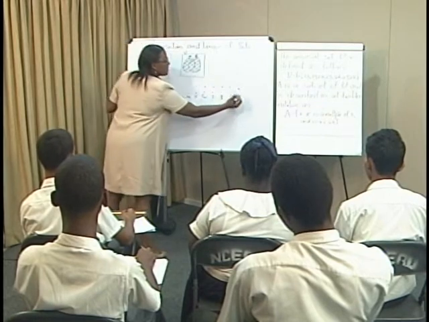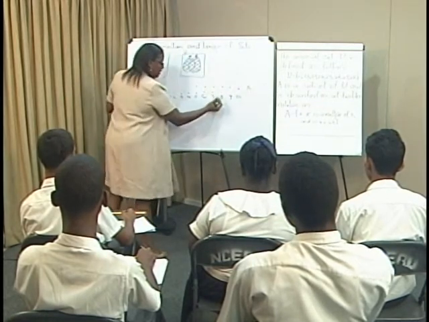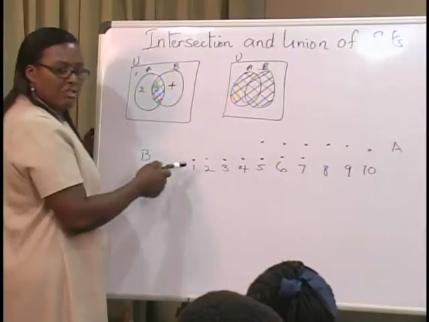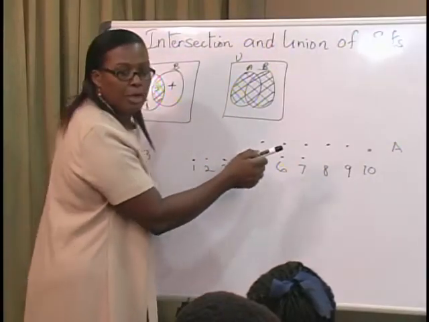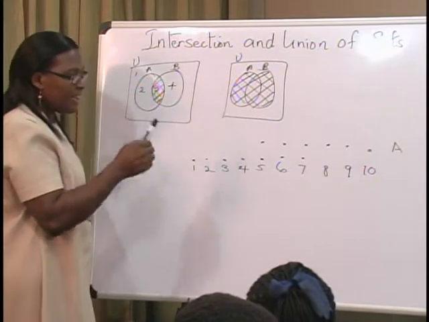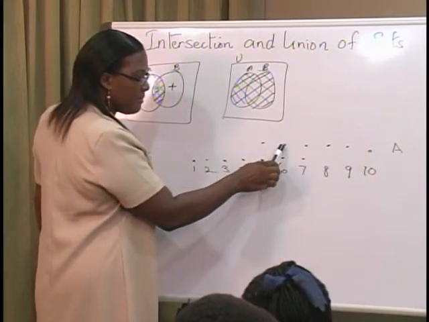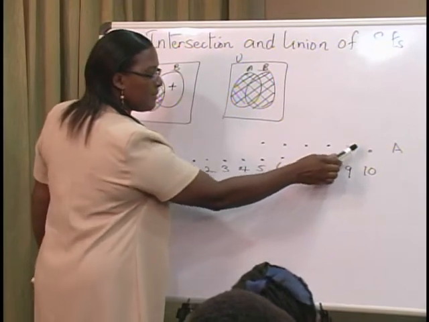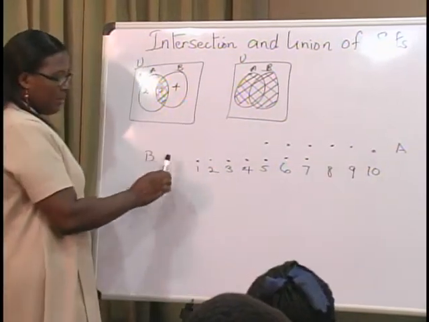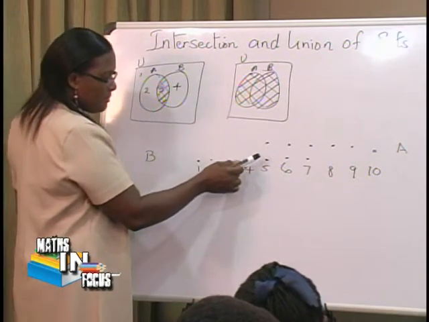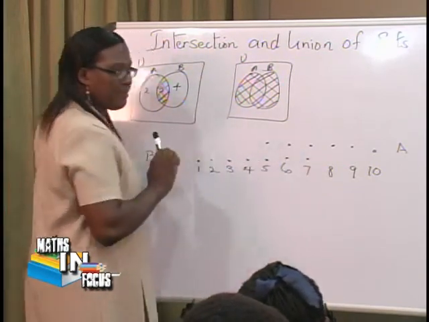Upper set of numbers, the set A, and our lower set, the set B. Now each dot is represented by any one of these whole numbers. So in the set A, what would be the elements? Call them? 5, 6, 7, 8, 9, 10. In the set B, I would have 1, 2, 3, 4, 5, 6, 7.